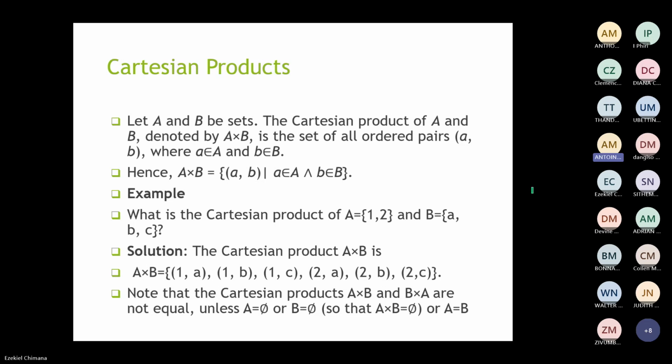Note that the Cartesian products A times B and B times A are not equal unless A is the empty set, or B is the empty set, or A is equal to B.